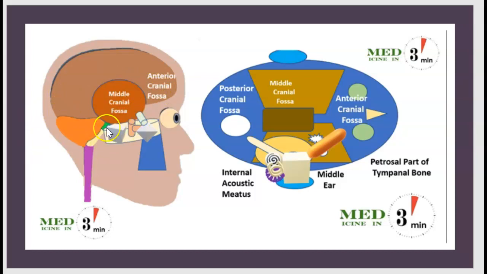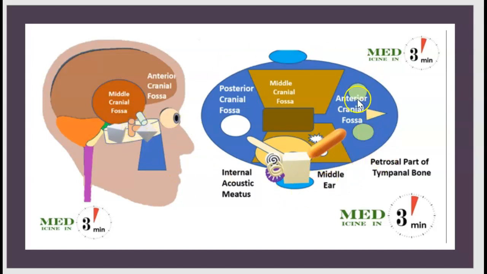We recognize the middle ear and the pterygopalatine fossa. Between the middle ear and pterygopalatine fossa, there is foramen lacerum and foramen ovale.